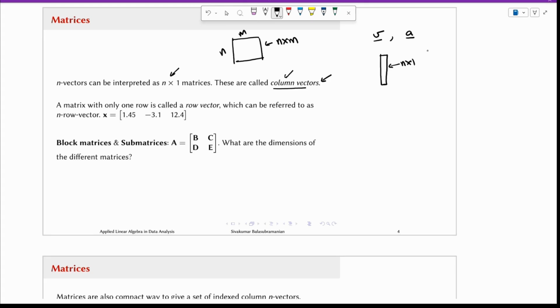I can also have a 1 cross n matrix that looks like this, and these would be called row vectors. But anytime we talk about a vector, we are only talking about column vectors. If we want to represent row vectors, we'll later see that we use a slightly different symbol. We start with the column vector and then do some operation to it to represent a row vector. So here, this is an example of a row vector.